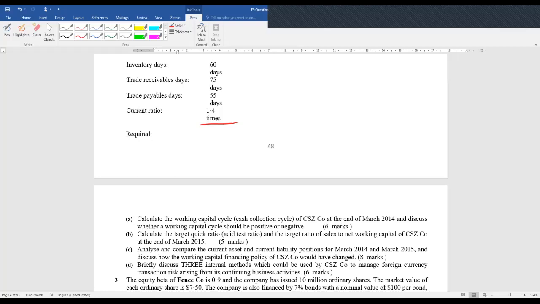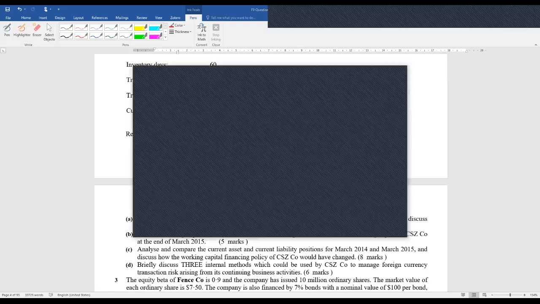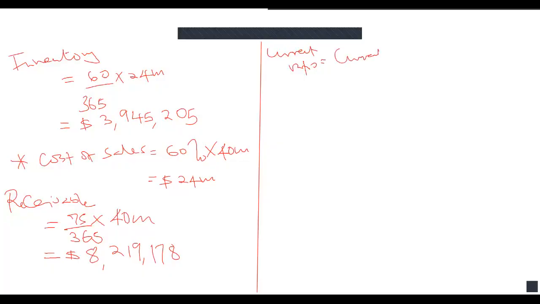Okay, so let's do it. The current ratio is given as the current assets of the company. What's the total of inventory plus the receivables? Because that will be the total current assets of the company.